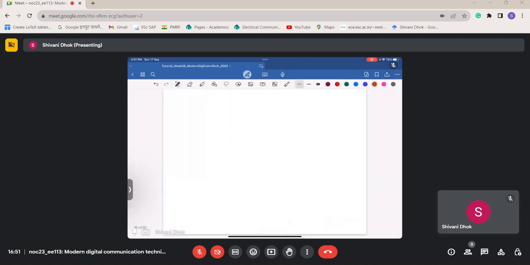So what we have been given is that y of t is simply x of 2t minus 1. Therefore, Ry of tau is equal to the expectation y of t. I made a mistake here.